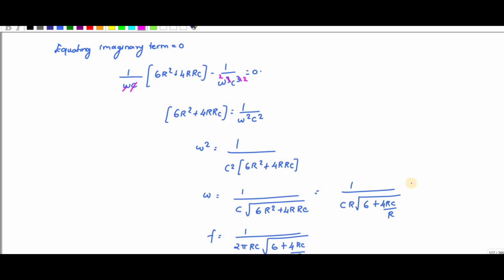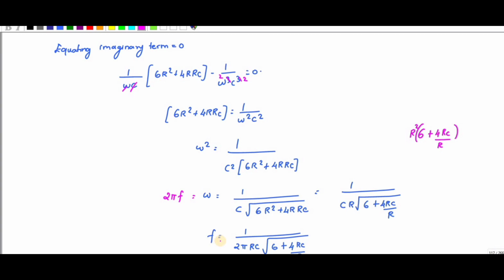In this value, if I take 6r square common, means I will get 6r square plus 4rc by r, right? So this r square I am taking out from the root, means I will get r. Okay. So this omega I can write it as 2 pi f, right? So what is f now?